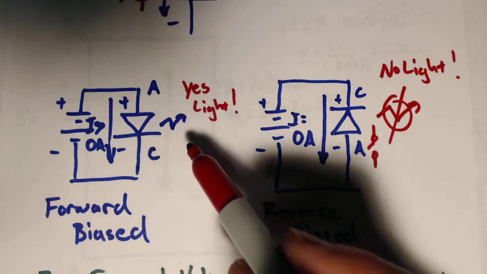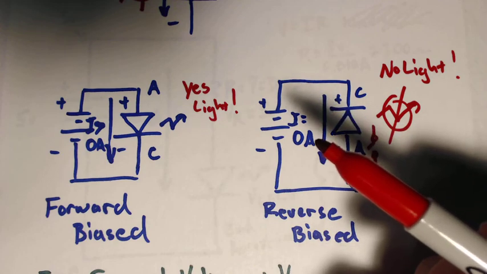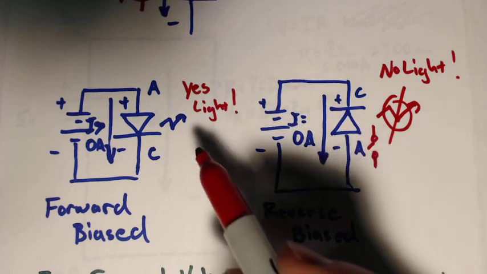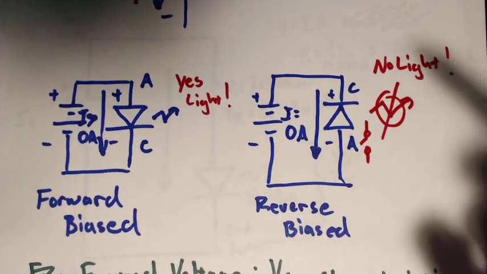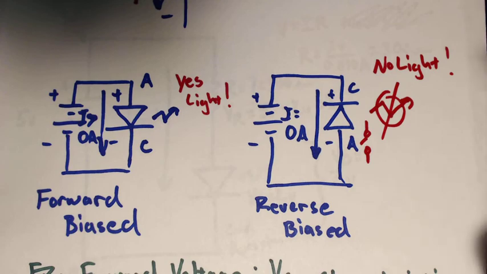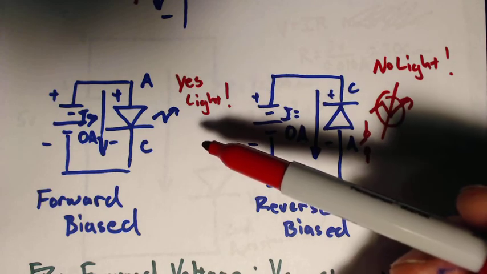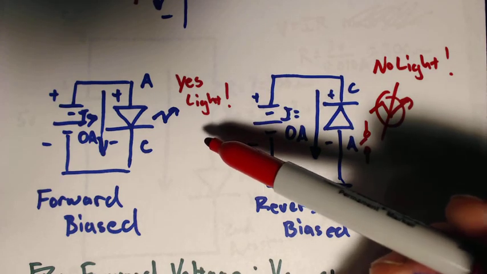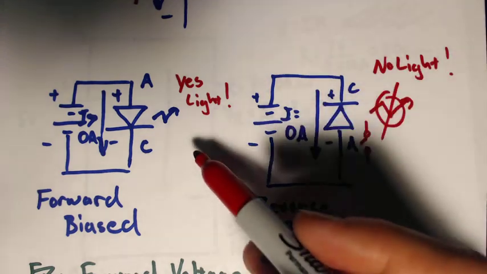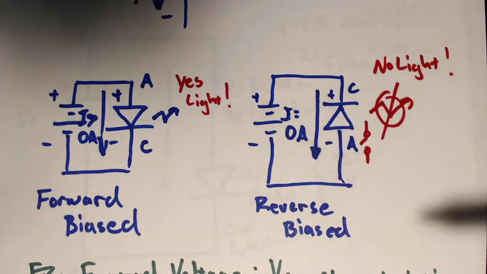Now, the first approximation is pretty useful. It lets us easily understand whether the diode should be conducting or not conducting. However, it's not accurate enough to be able to calculate values off of. So that's why we incorporate and start using the forward voltage.